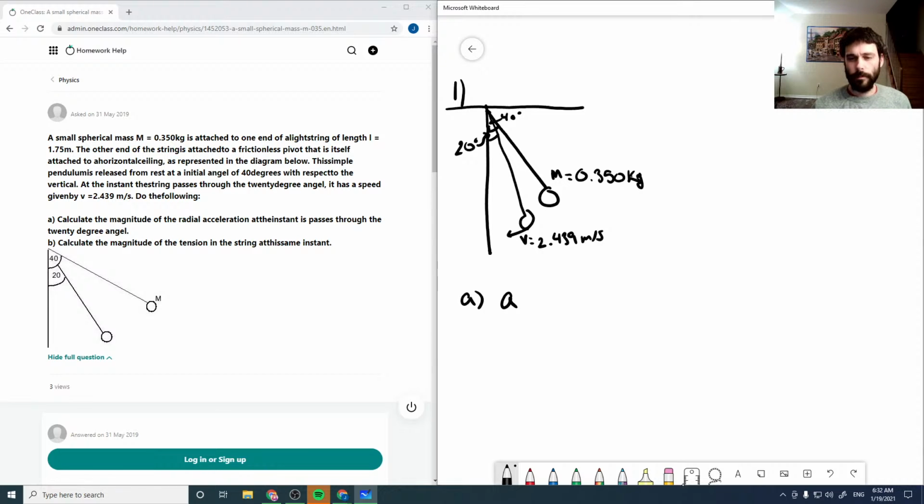And now remember that F equals ma, which in a centripetal motion is mv squared over r, where v is our speed. So then A is v squared over r.